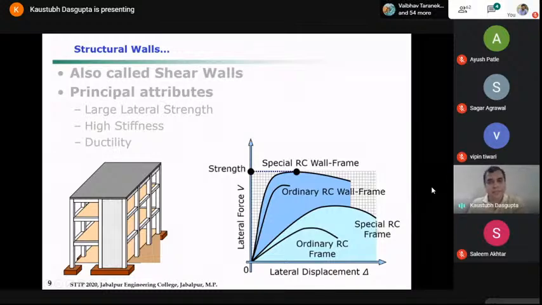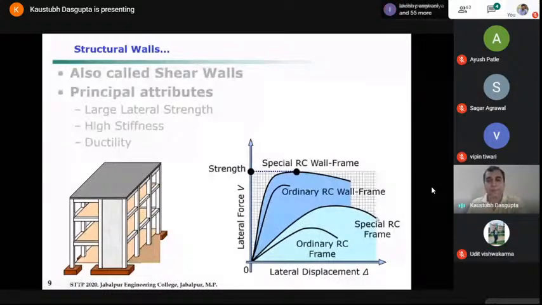What is the speciality here? Why do we call them special? Because of ductile detailing. Okay, so as we can see, they are stronger, they are stiffer, stiffness is more, and they can carry larger displacement as compared to the OMRF, that is ordinary moment resisting frame.